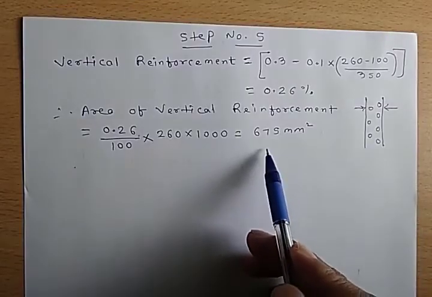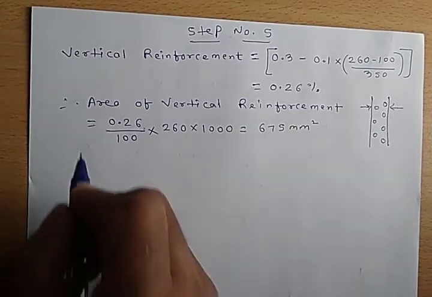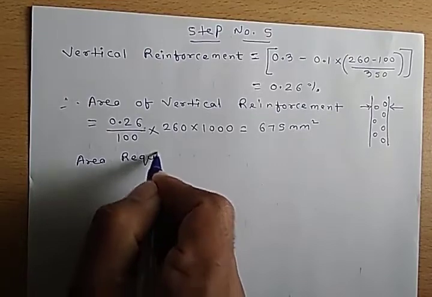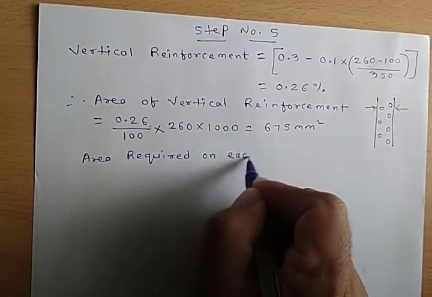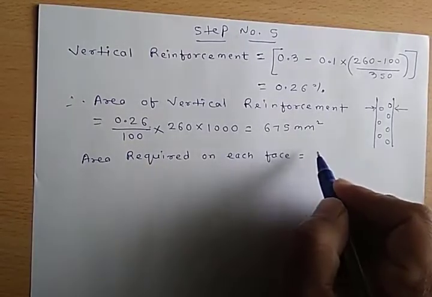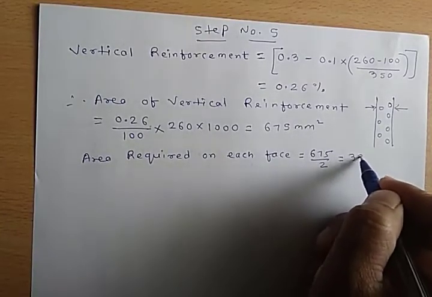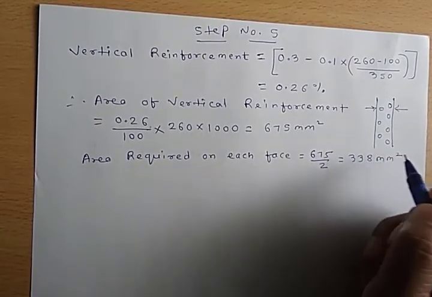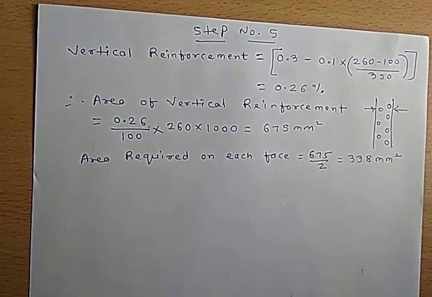We got the overall 675 mm square as the area of the steel. So therefore area required on each face will be half of that, so 675 divided by 2, and that is equal to around 338 mm square.